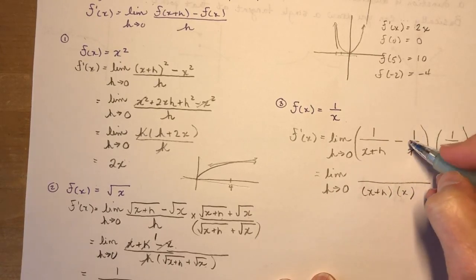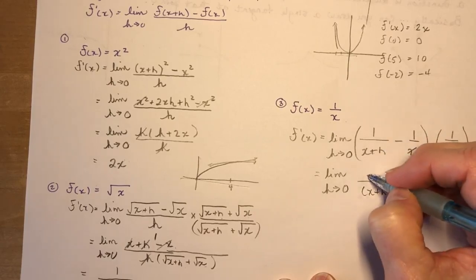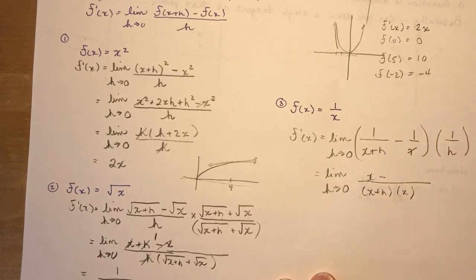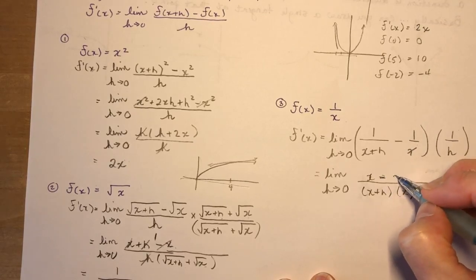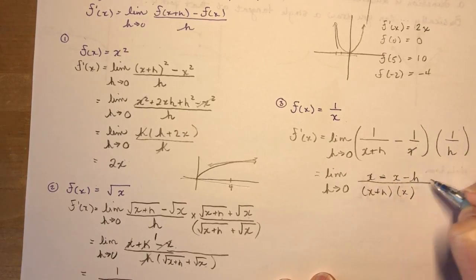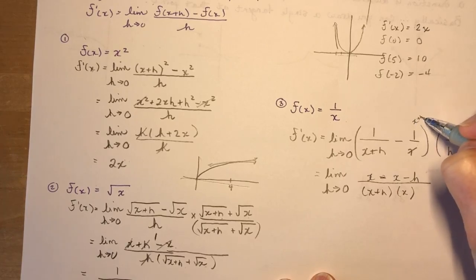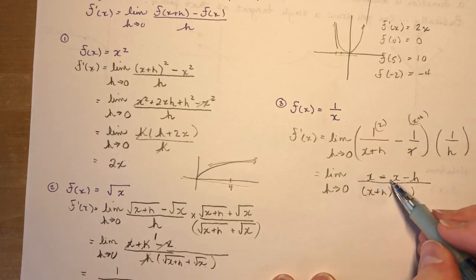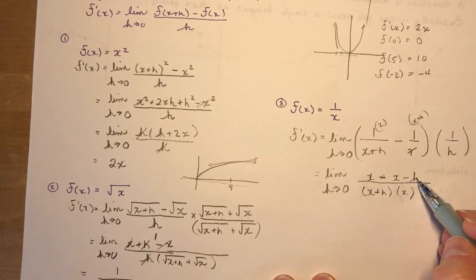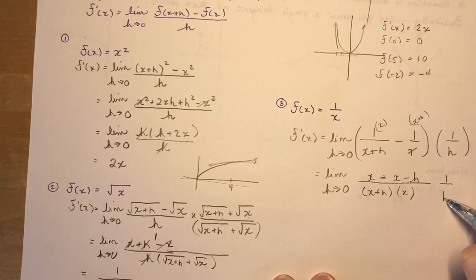And in the top here, I would have x minus, and this is where most of the mistakes happen because it's minus, right? So it's minus x minus h when you multiply this by x plus h, right? Negative each of those. And this side times x. So I have x minus x, and the h divides into this h here.